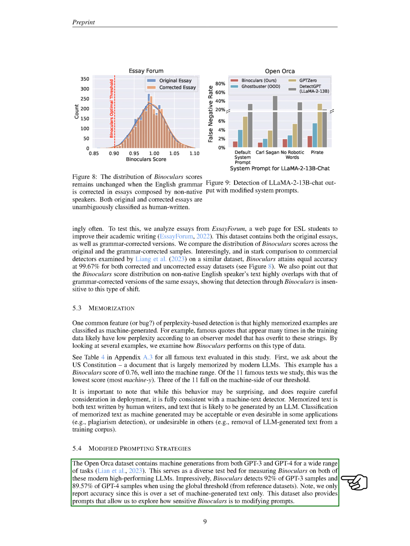We found that Binoculars could identify 92% of the GPT-3 samples and about 89.57% of the GPT-4 samples when we used a global threshold derived from reference datasets. We only report accuracy here because we're dealing with machine-generated text only. The OpenOrca dataset also gives us prompts that help us understand how Binoculars reacts to changes in prompts.